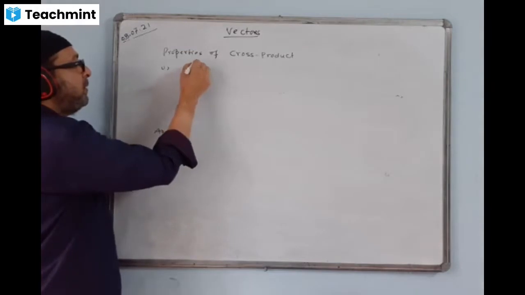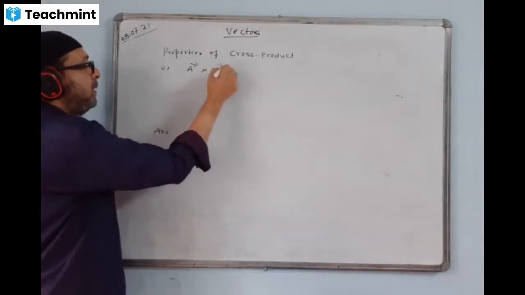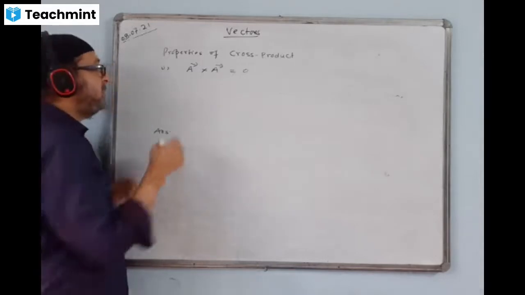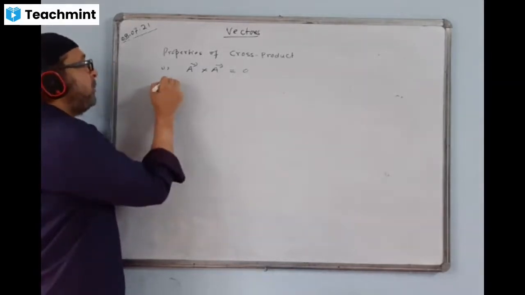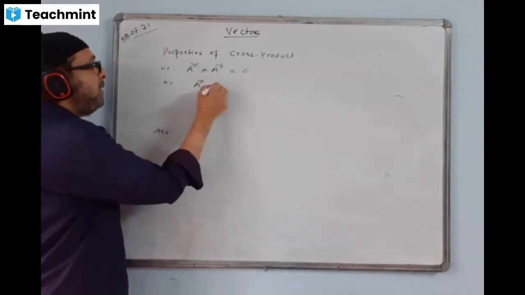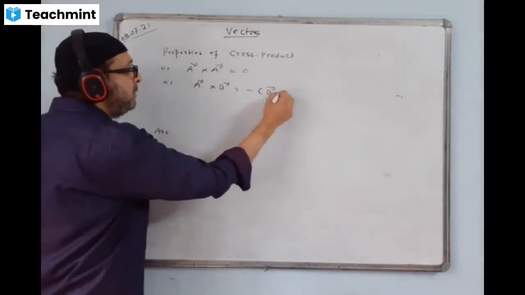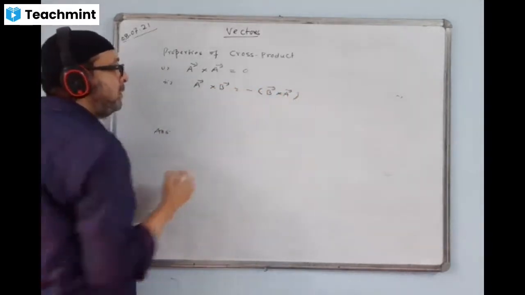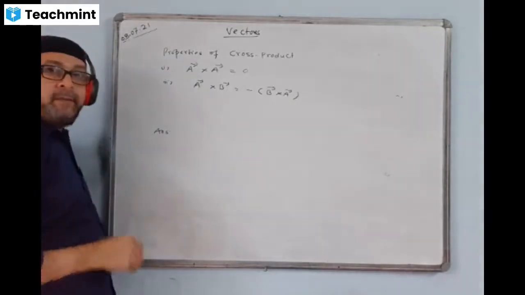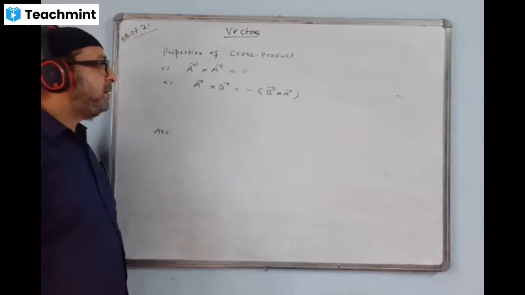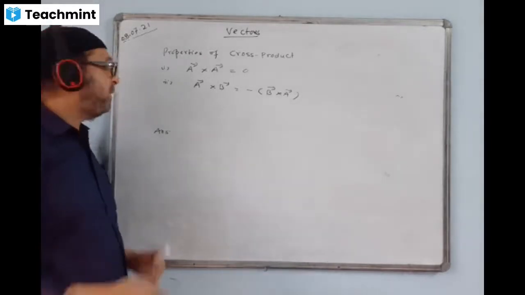First property, write down A cross A, the answer is 0. Second property, we write down A cross B will be equal to minus B cross A. Second property: A cross A equal to 0 and A cross B equal to minus B cross A.